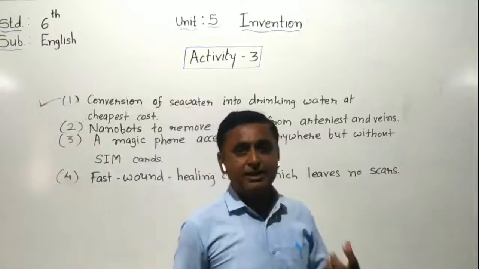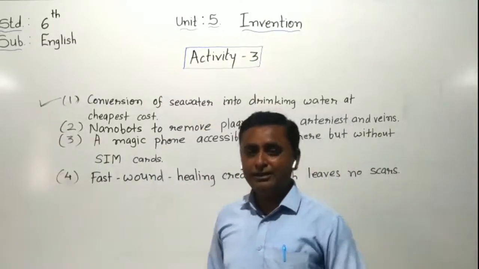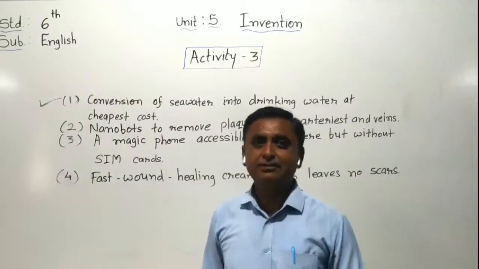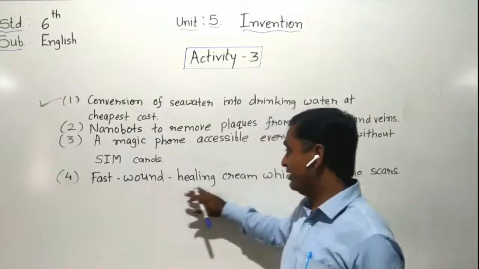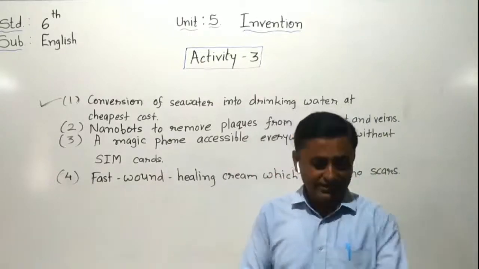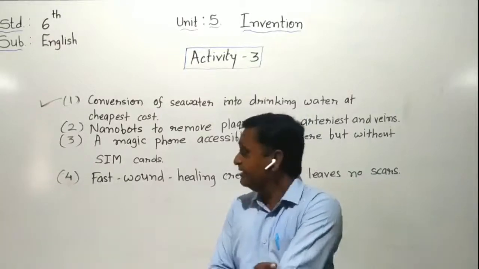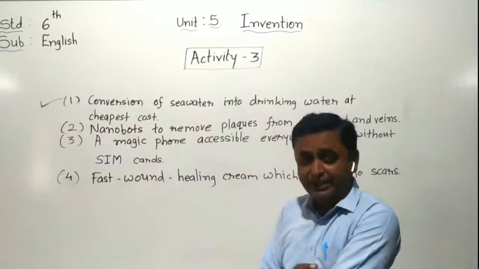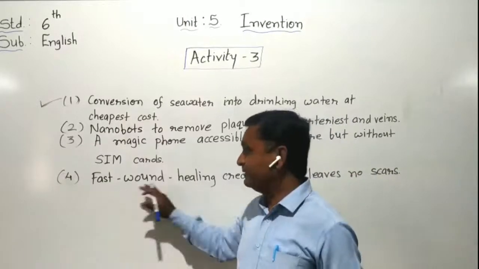The main problem is that if we fall down, then our knees will be swollen. So we require a fast wound healing cream which leaves no scar. If we are hurt here, then we put on fast wound healing cream and no scars, no signs are there. So that type of cream is required.